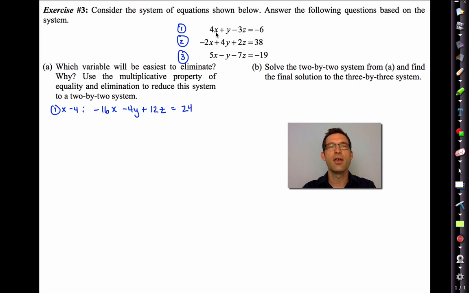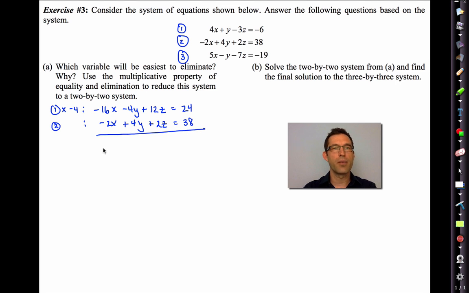Take a look at that again. -16, -4, positive 12, positive 24. And now I'll just write down equation 2. All right, and that's going to be -2x plus 4y, there's my opposites, plus 2z is equal to 38.